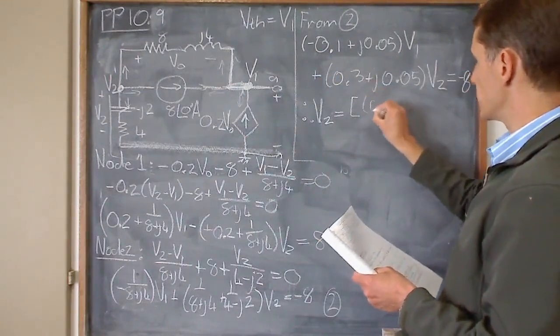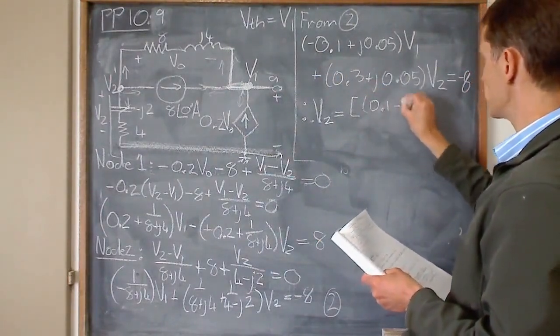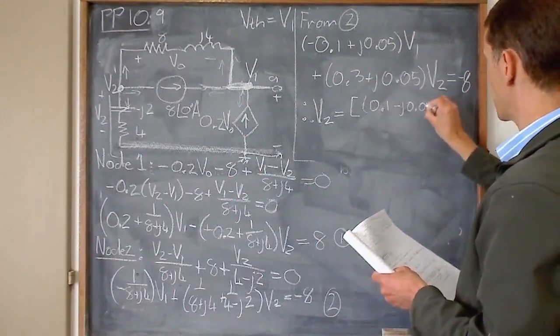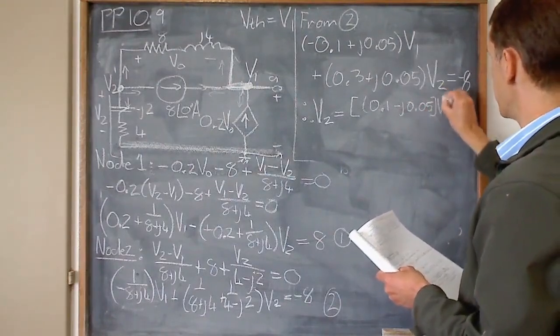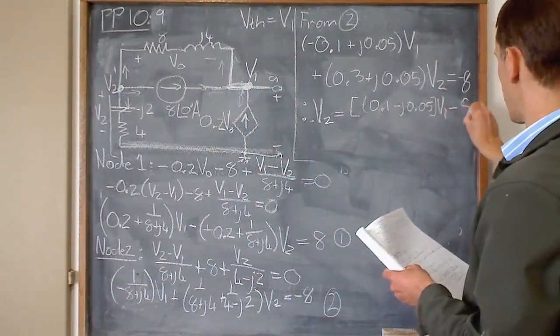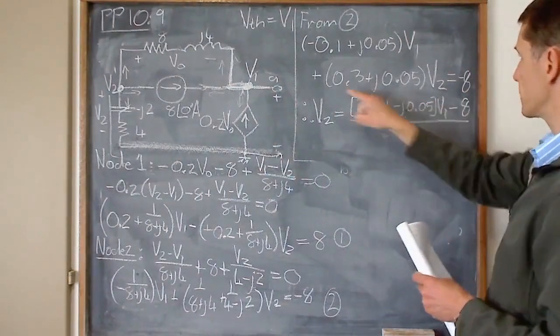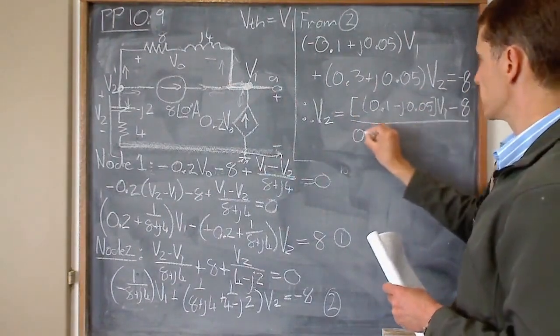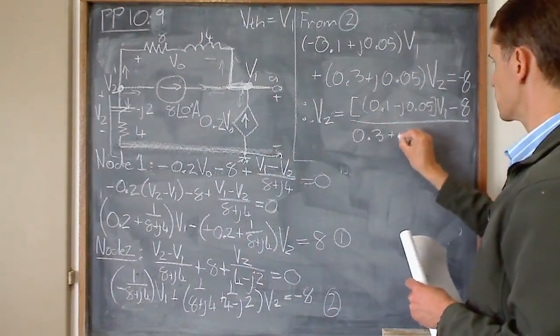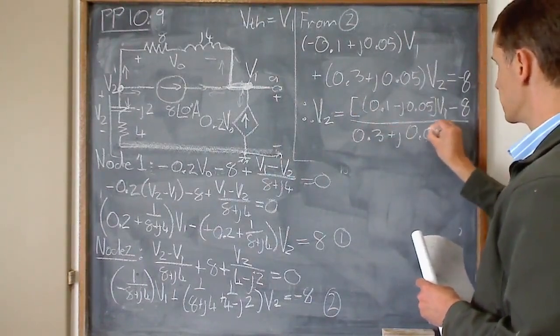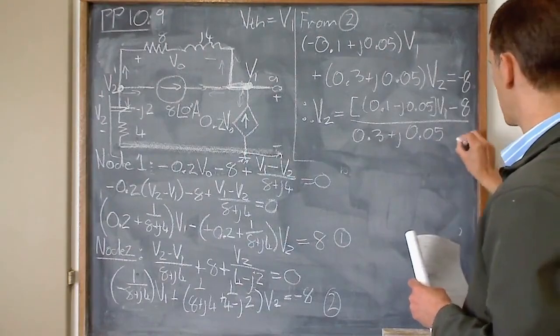So it's going to be 0.1 minus J 0.05 V1 minus 8, this one that was there, and all of this now divided by this 0.3 plus J 0.05.